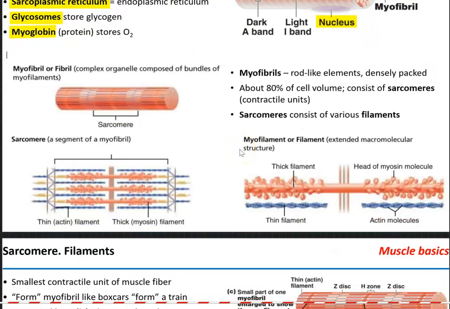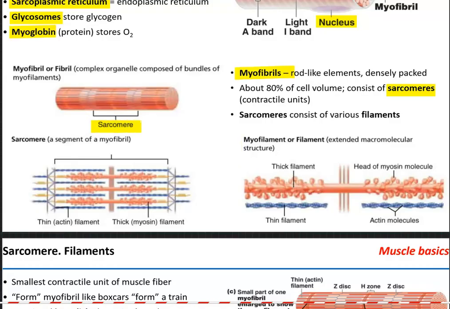As we already discussed, each myofibril is shaped like a rod and consists of multiple basic contractile units called sarcomeres.